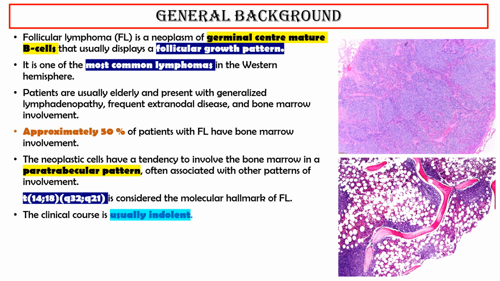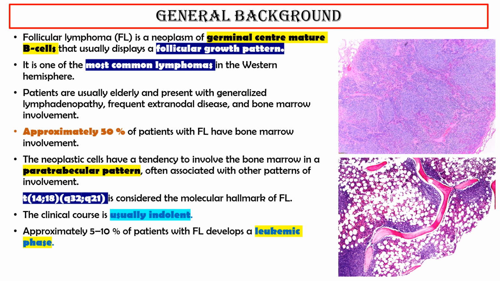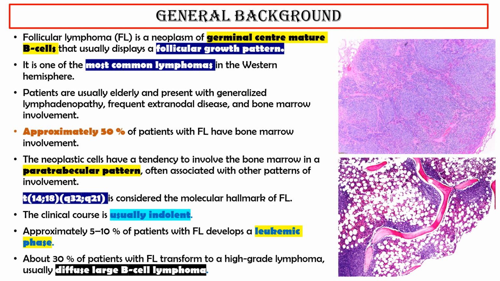The clinical course is usually indolent. Approximately 5 to 10% of patients with follicular lymphoma develop a leukemic phase. About 30% of patients transform to a high-grade lymphoma, usually diffuse large B-cell lymphoma.